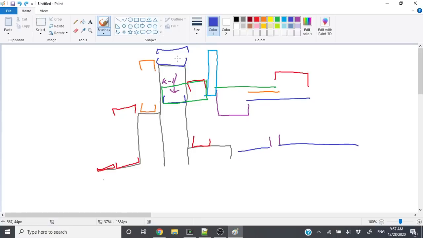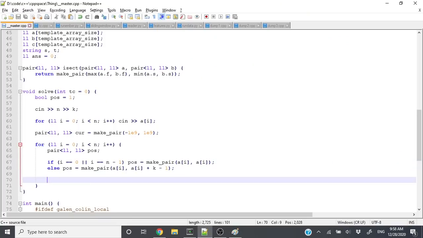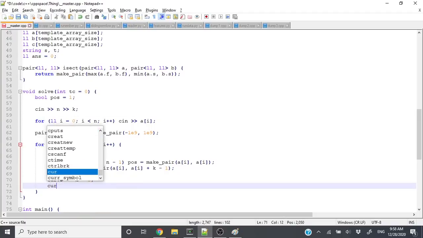Actually, maybe we would extend it. Yeah, I think we would extend this one up too, because then that corresponds to the cases where this one's higher, but this one's still tall enough to reach the other one. So, cur.first minus equals k minus 1.